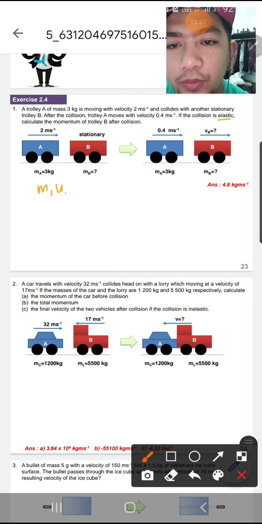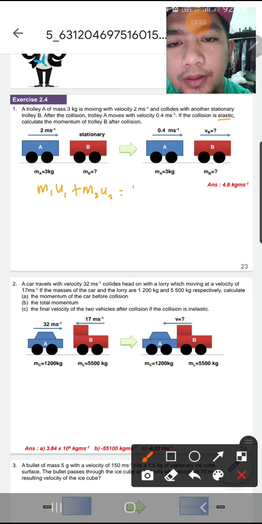So the formula is m1 u1 plus m2 u2 equal to m1 v1 plus m2 v2.